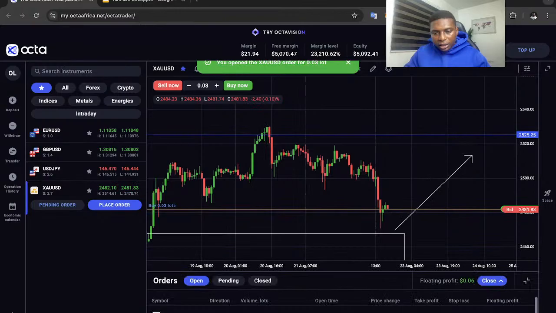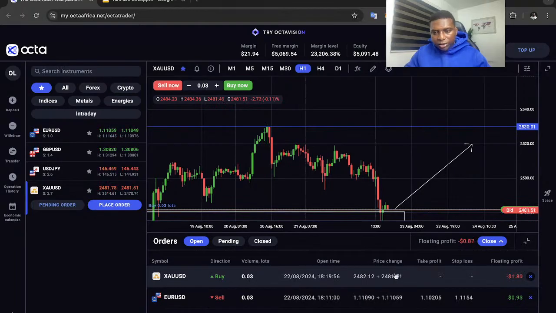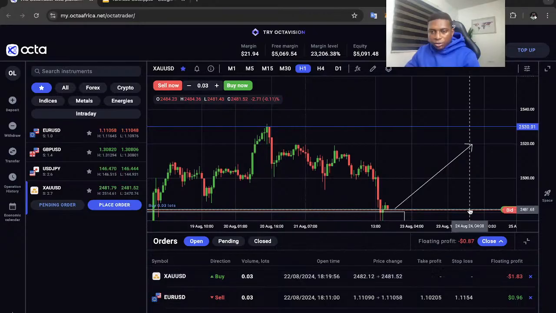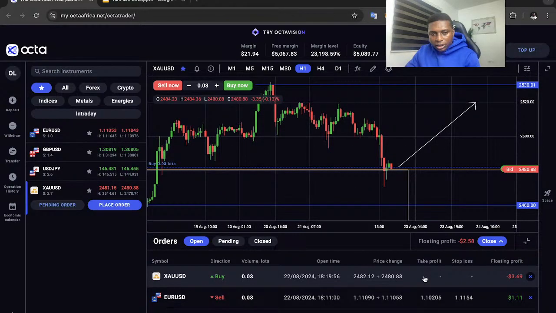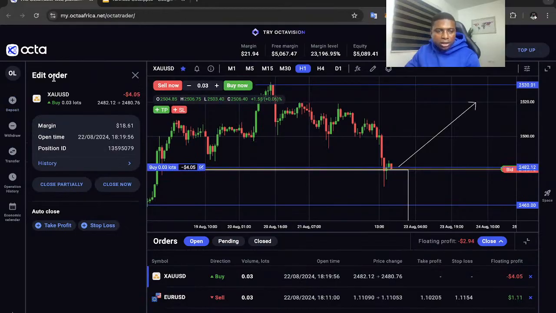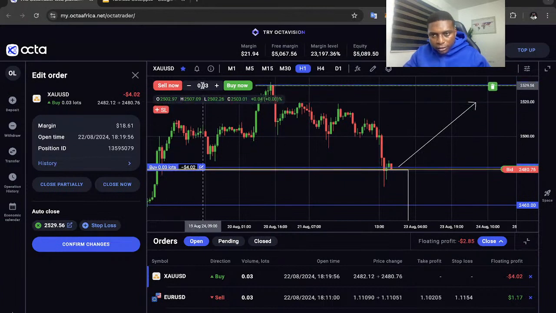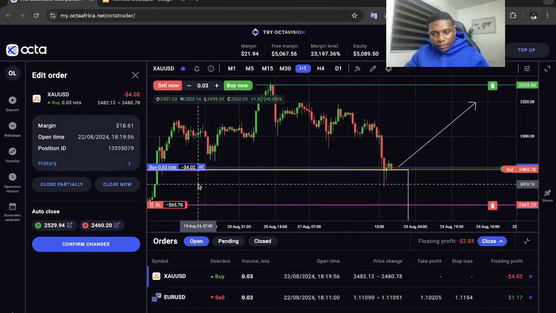When I come here now, I can see that I've placed the buy, and we've not set our take profit and our stop loss, which we would be doing now. Let's tap on this, and we see the edit order pop up. We go straight to the edit order and set our take profit level, and then we set our stop loss level here on gold.